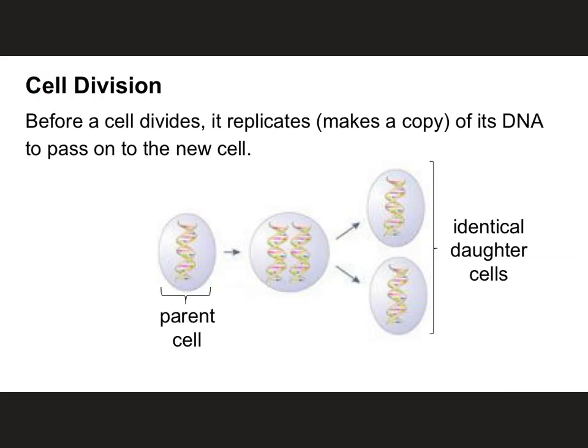Okay, so before you ever do any cell division, there is a parent cell. Now, parent cell doesn't mean from like a mom or a dad. It just means the starting cell. And we've already talked about how there is a process that has to happen first called DNA replication.